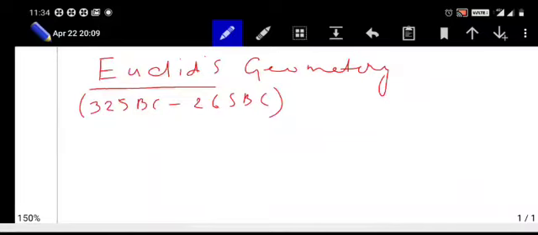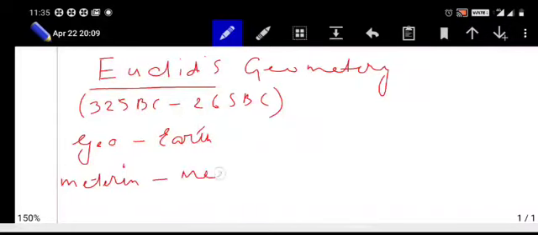Now geometry. This word comes from the Greek words geo and metrein. Geo means earth, and metrein means measure. Earth here means object, so measuring any object.